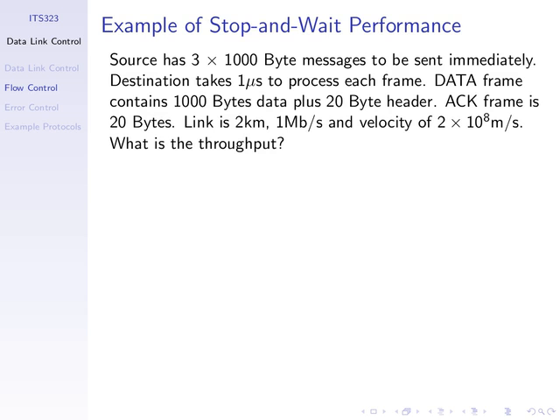Time 0, the first frame containing 1,000 bytes of real data. We receive an ACK, transmit the second frame, it propagates, process, send back an ACK. And then because we had 3,000 bytes of real data, we need to do it again.